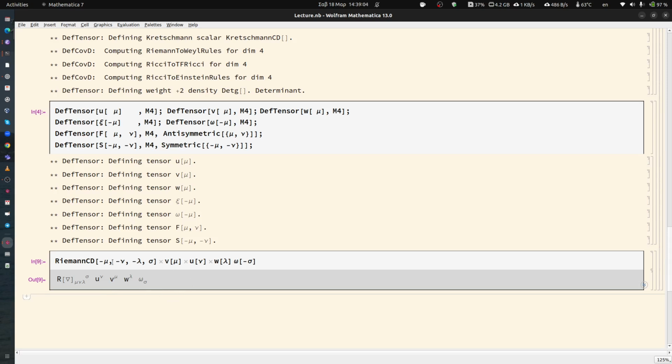Now, as we know, the Riemann tensor has some symmetries. Some of those symmetries are monoterm symmetries. And by monoterm, we mean that they just have one term. So, for example, the Riemann tensor here is antisymmetric with respect to the exchange of the first two indices.